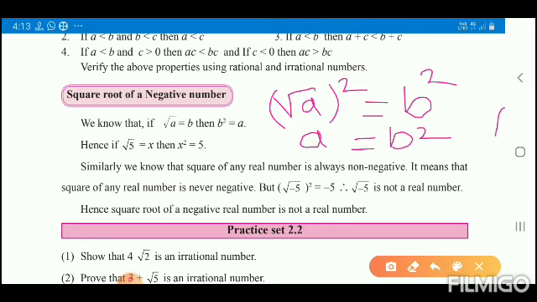Hence, square root of a negative real number is not a real number. Keep in mind. Okay. The answer is negative 5 only, the negative will not become positive. So it is not a real number. So square root of a negative real number is not a real number.